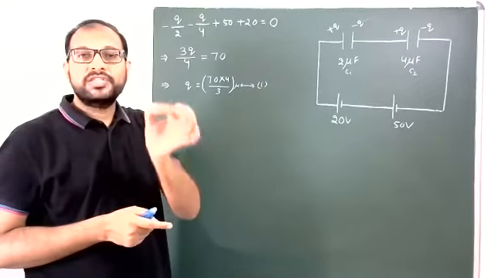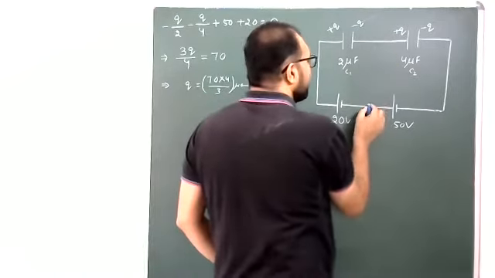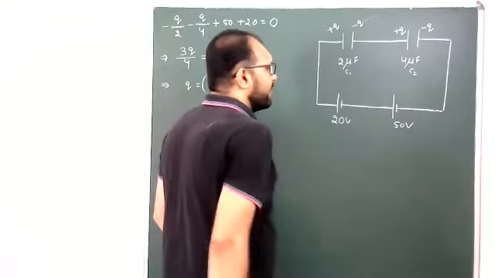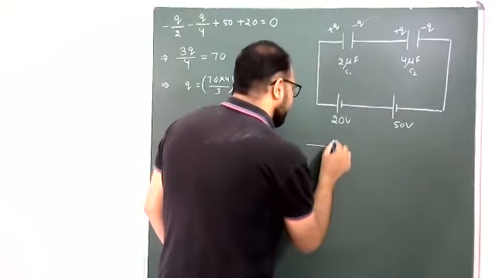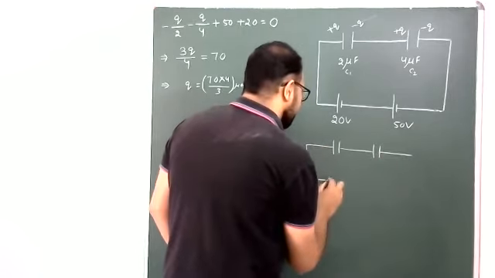Now students, a small change in the circuit. That change is from here to here: one direct connection I am now making. After making it, our circuit becomes like this.